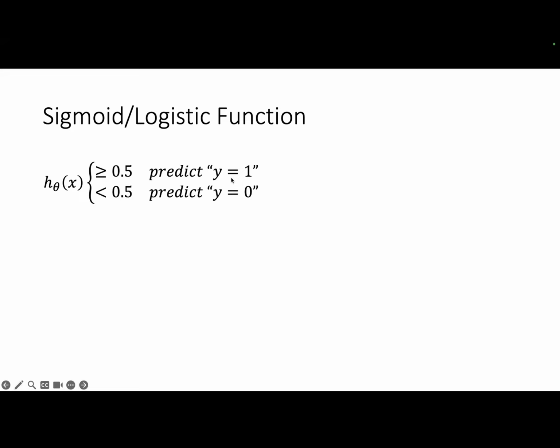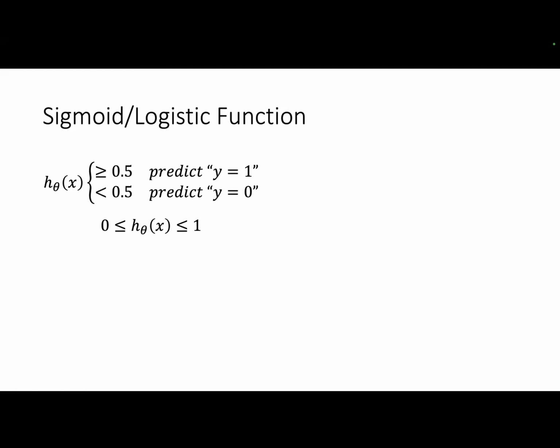Okay? So, the good thing here is that our hypothesis will always be between 0 and 1, which is what we want when we classify objects, right? If it's binary, it's either 0 or 1, either malignant or not, right? So, that's the ideal hypothesis, the sigmoid logistic function.